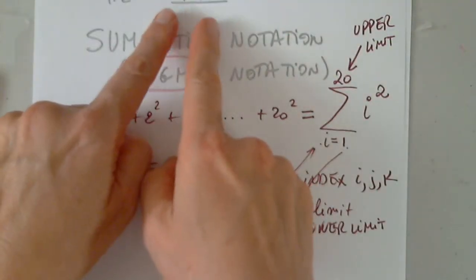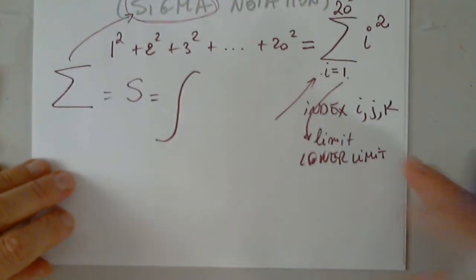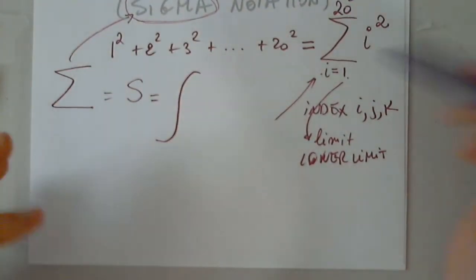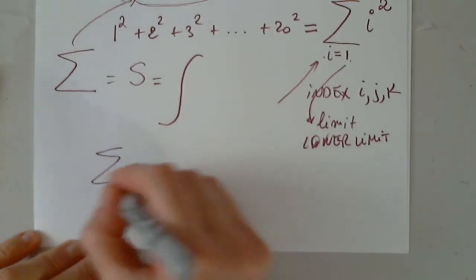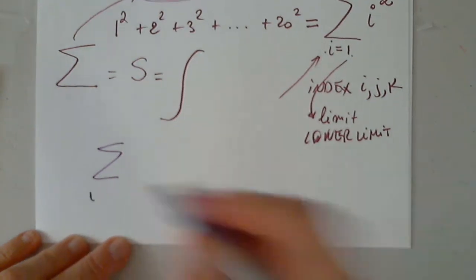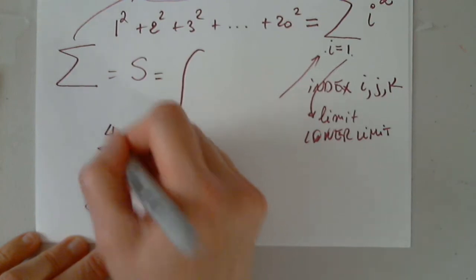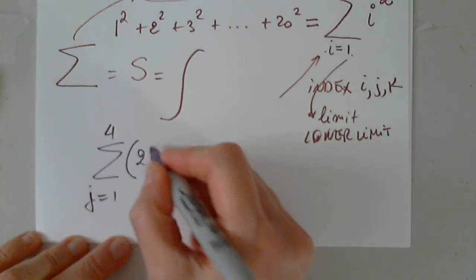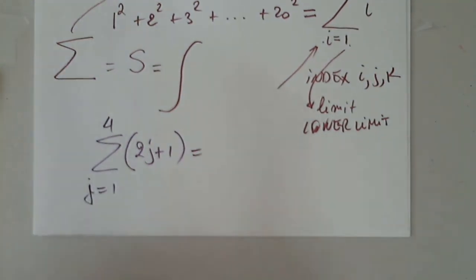Why I need this notation, you're going to see in a moment. But I have to explain what it means and the properties of this notation. Every time a notation is invented, properties come along with it. So if I have the sum, I'm going to use J this time just for you to get used to it, from J equals 1 to 4 of 2J plus 1, what does this really mean?